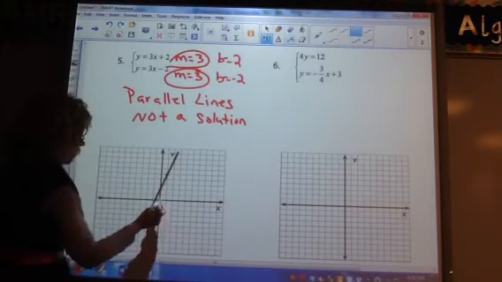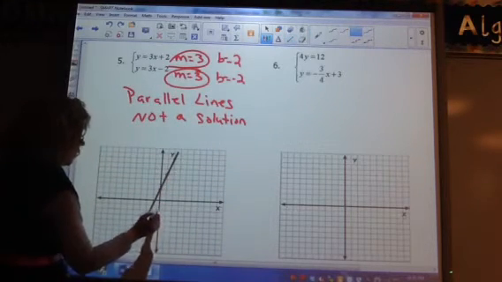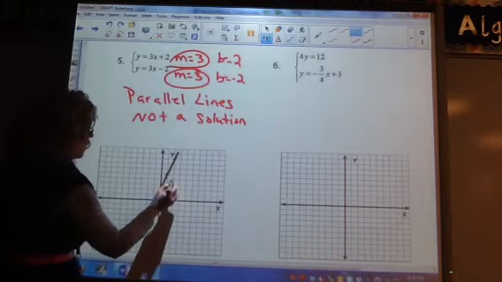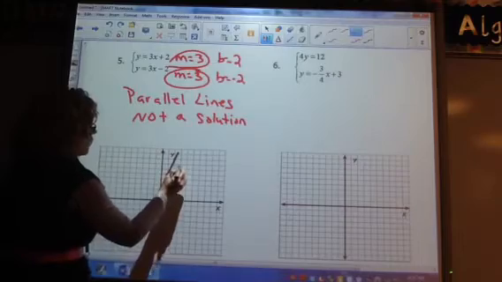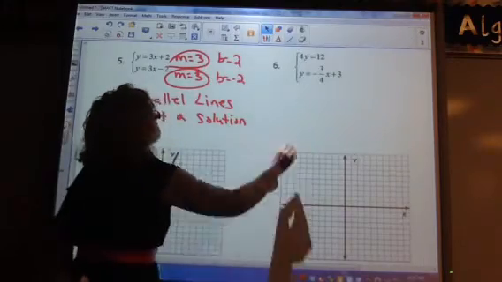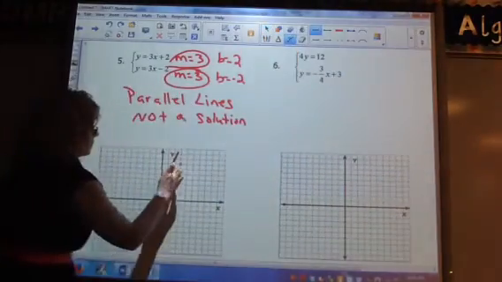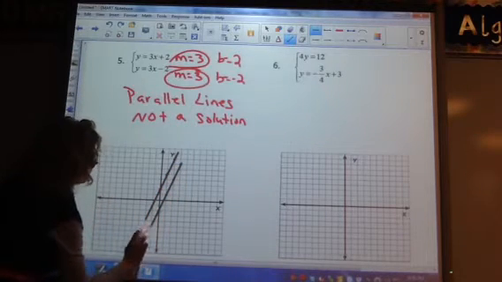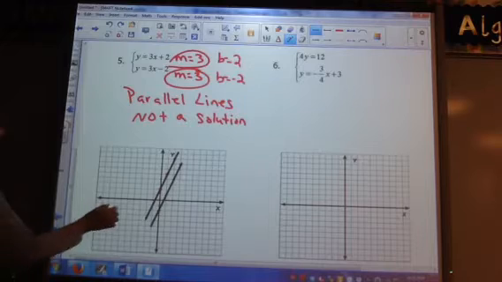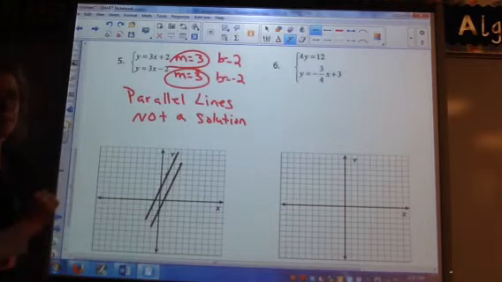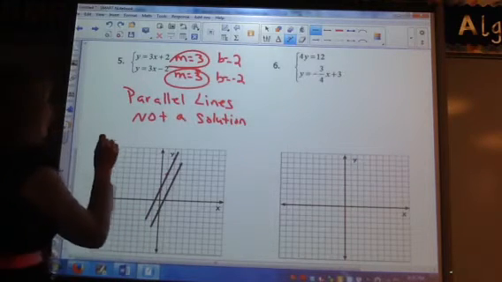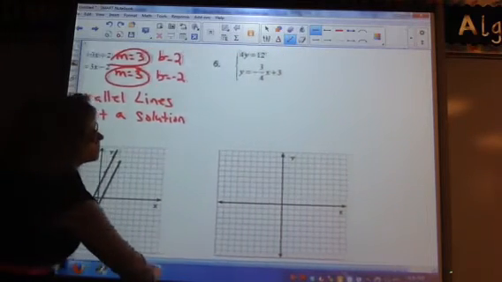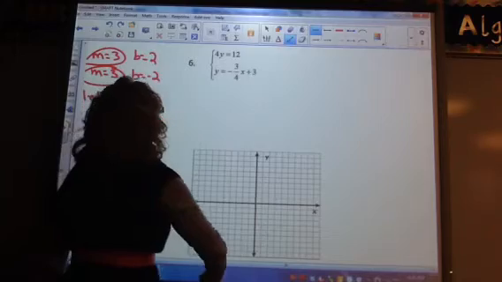Start at -2, go up 3 over 1, up 3 over 1, up 3 over 1. So these lines are parallel, they would never intersect. All right, I'm going to be quiet, let you all do number 6 on your own, but if you need help, look at the board.